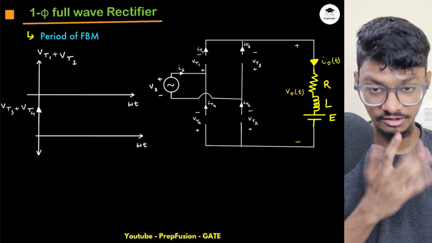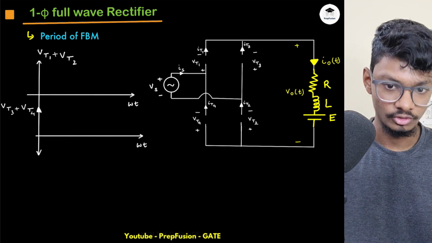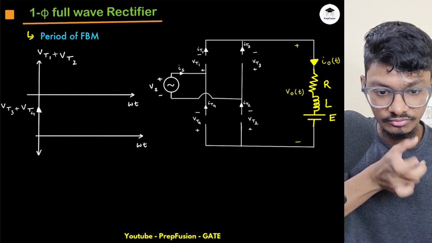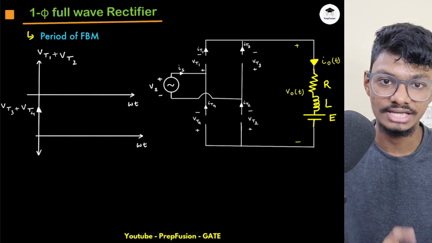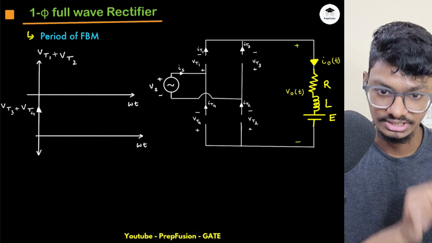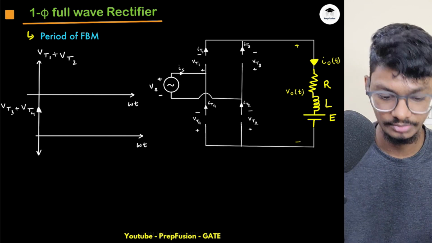So again, the first point is the period of forward blocking mode. Again I will assume all the SCRs are off, then what are the regions in which my SCR can go into the forward blocking mode. These conditions can change as inductance is present in the load, but let's first simplify things, then we'll complicate them later on.